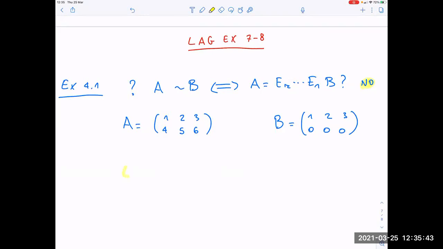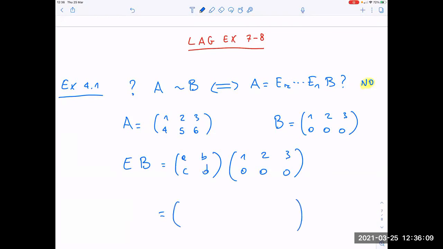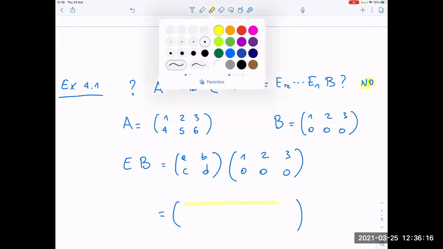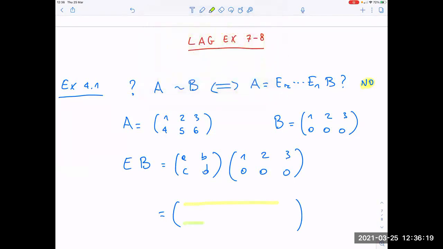The fact is that whenever I multiply E times B, by the way matrix multiplication works, so A, B, C, D, something will happen to the first row, which I don't care about now, and then something will happen to the second row, which I care about.